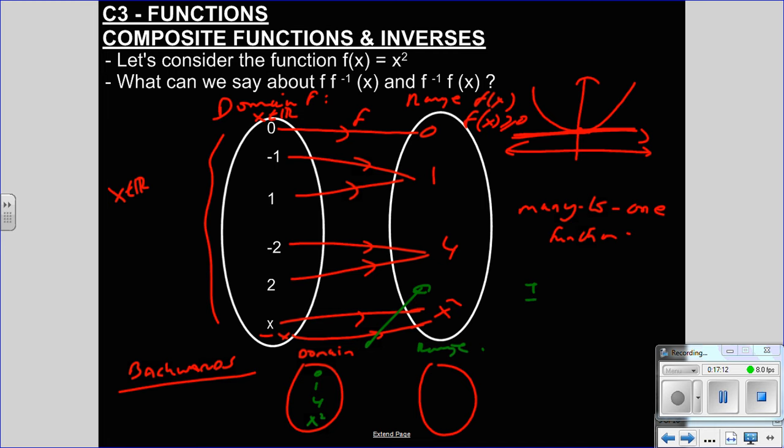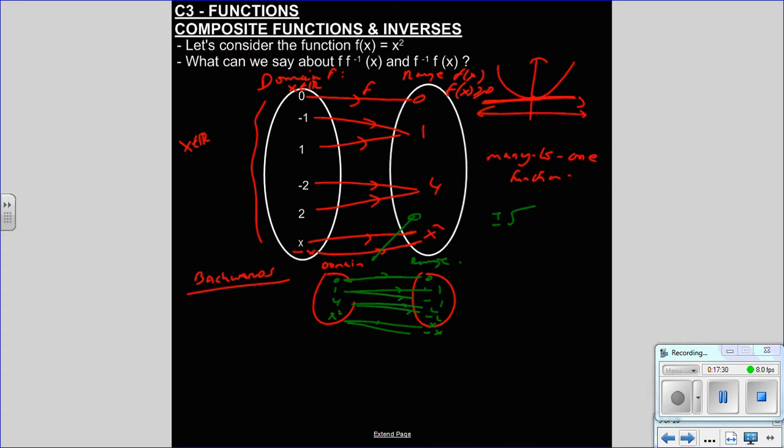So I would plus or minus square root it. So 0 would go to 0 again. Our 1, though, would go to 1 and minus 1. And 4 would go to 2 and minus 2. And x squared would go to x and minus x. What's the problem here? Well, there's a huge problem.